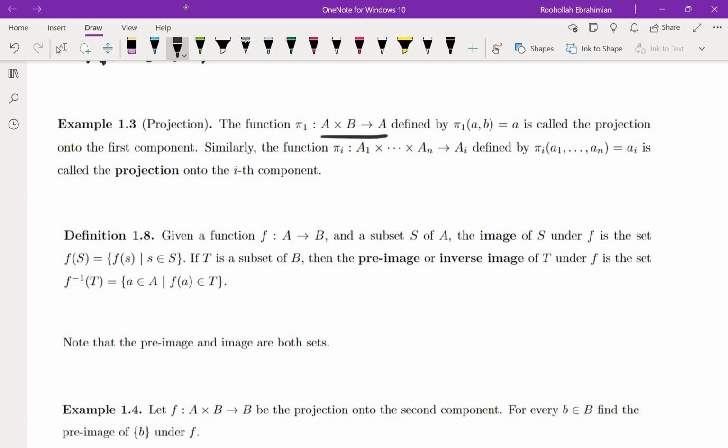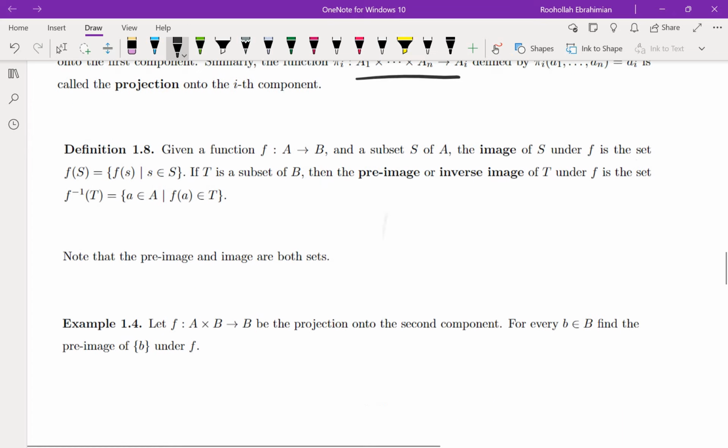It takes a pair of elements (a, b) and gives you the first component, just a. Similarly, the function pi i from A1 cross A2 cross ... cross An to Ai defined by pi i of the n-tuple (a1, ..., an) equals ai is called the projection onto the ith component.